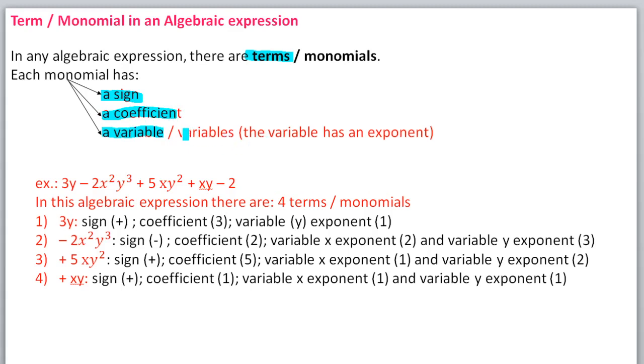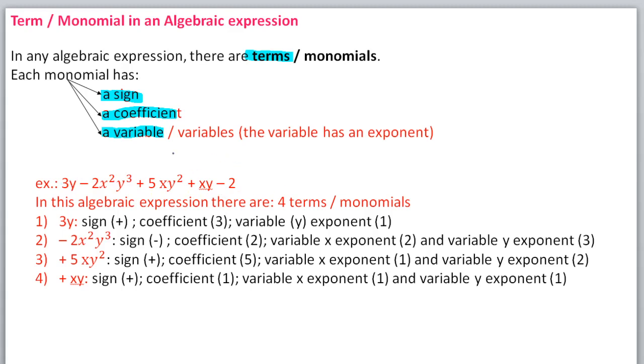The variable has an exponent. What do you mean by exponent? The power. Let's see how. Look at this example: 3y minus 2x squared y cubed plus 5xy squared plus xy minus 2. All this is called an algebraic expression. The signs here are positive, negative, positive, positive, negative.